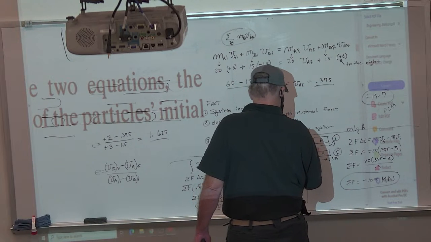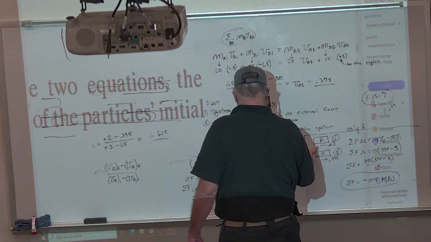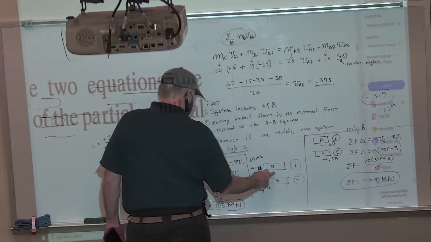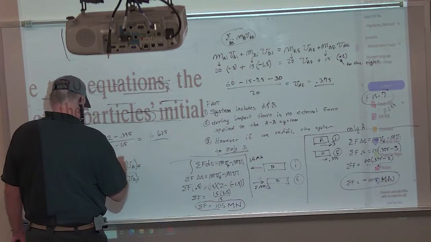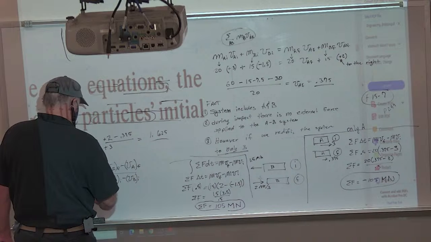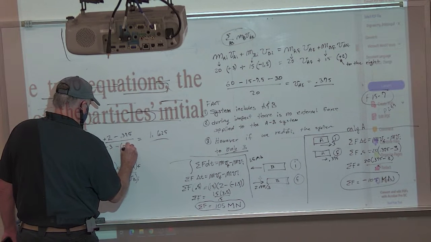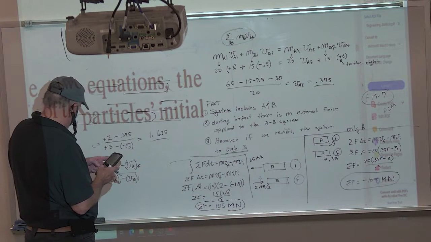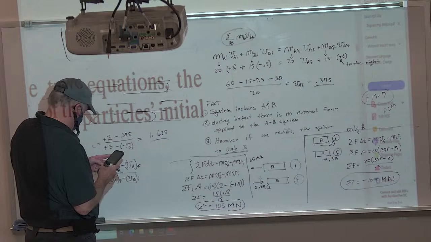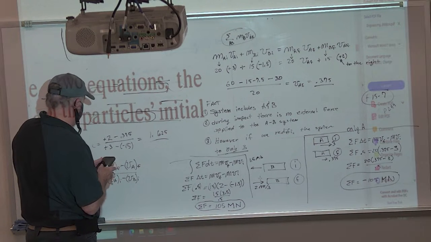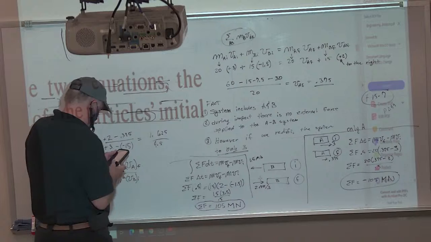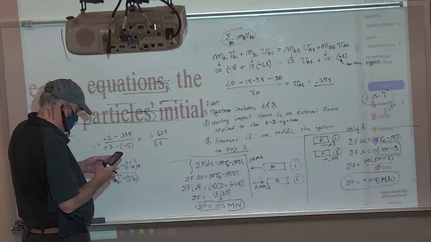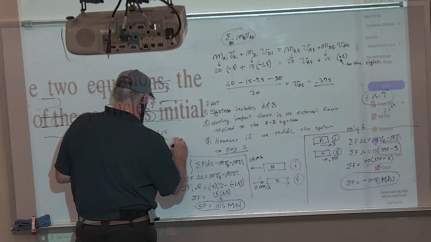A initial, 3. B initial. Oh, B initial is a minus. 0.36.